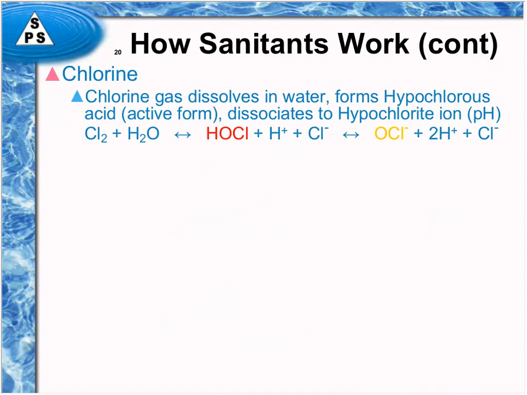The pKa is about 7.4, which means at pH 7.4 there's an equal amount of hypochlorous acid and hypochlorite. Remember from that table how much more effective the hypochlorous acid form was than the hypochlorite. And so usually with chlorinated water, we're talking about near neutrality, and you have a reasonable amount of hypochlorous acid hanging around.